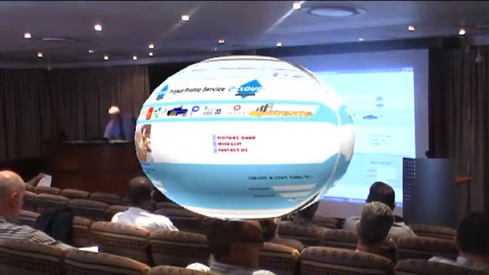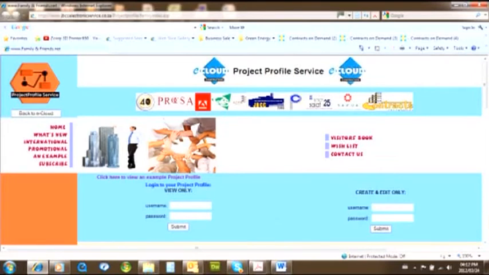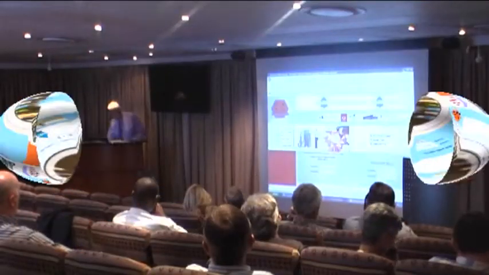If I go back to the home page, we've also got some additional headings here. There's an example project, how to subscribe, a visitor's book, a wish list in terms of what additional facilities you might want us to develop.